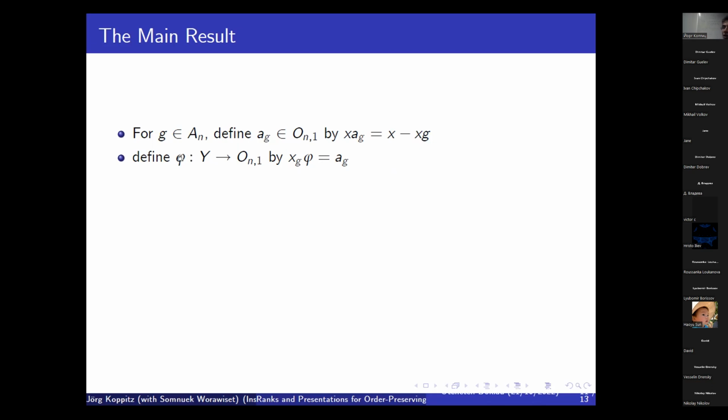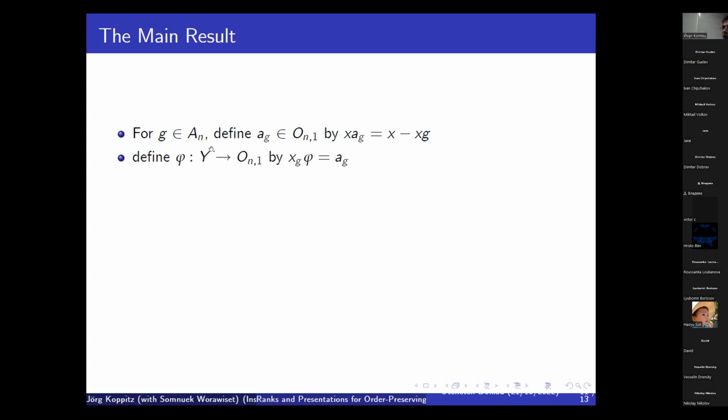This epimorphism is defined on Y plus, that means on the free semigroup of Y, and of course, if you look for the generators, it's enough to define this for the generators, and then this extends automatically to the free generated monoid.